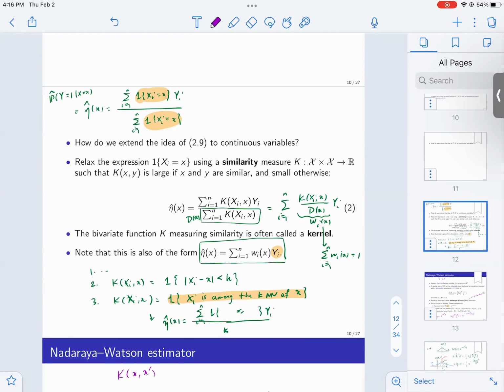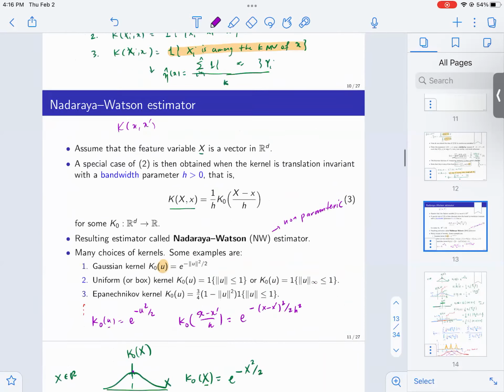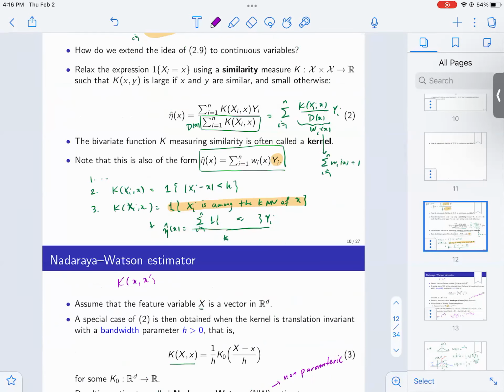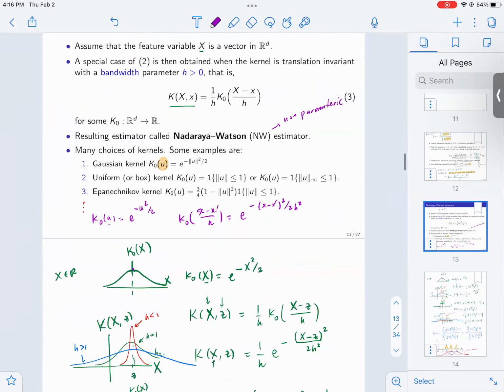It's just that when you want to do classification, because the yi's are 0 or 1, it turns out that this eta hat remains in 0 to 1. That's the expectation of a random variable taking values 0 or 1, so it's going to be smooth between 0 and 1.